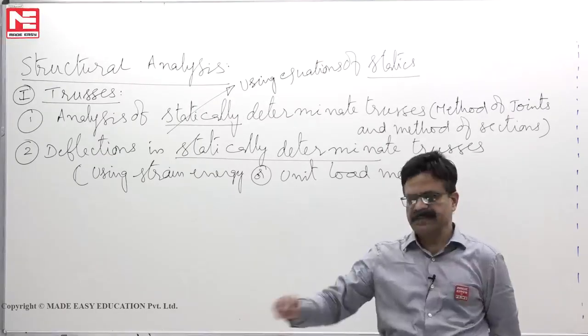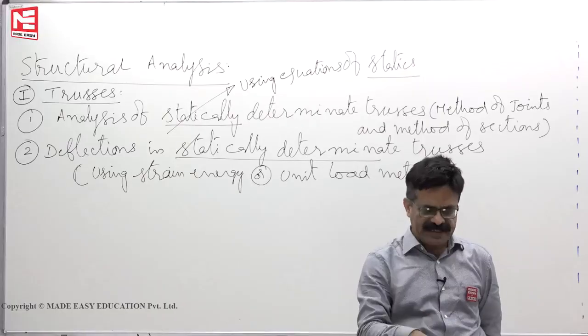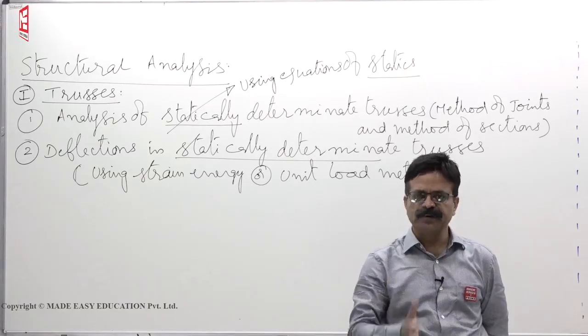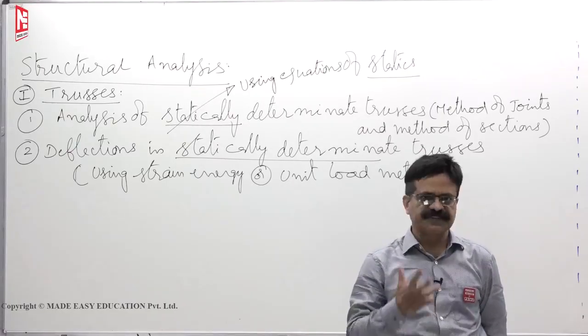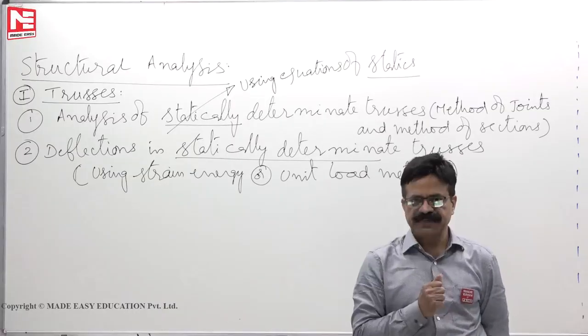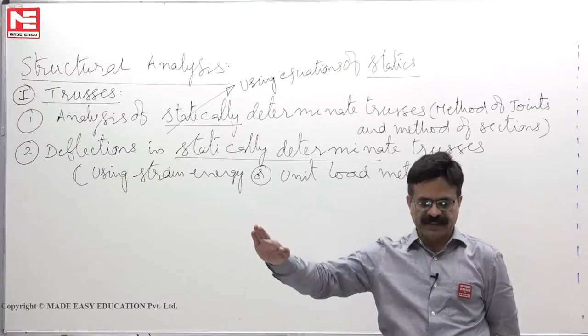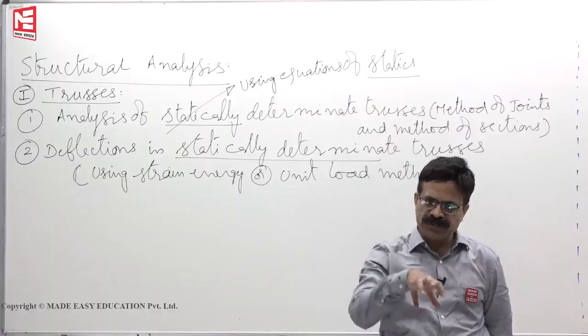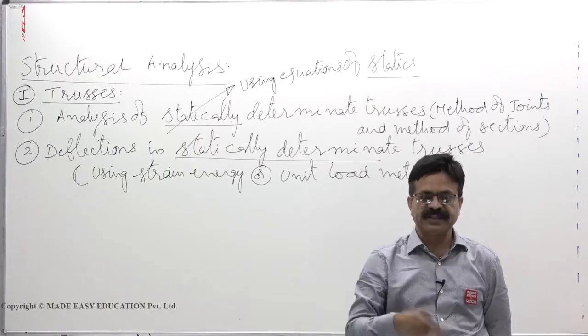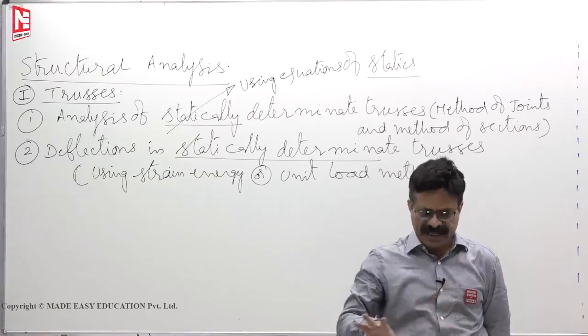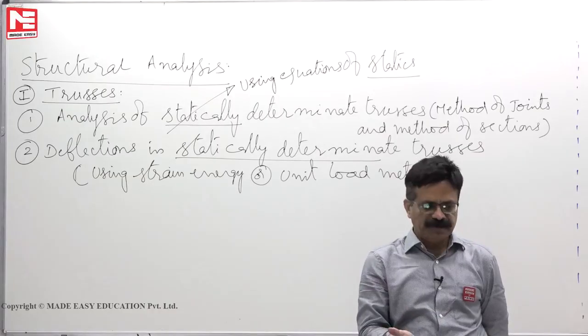Supposing we have built a slab like this, and this slab has the capacity to take the loads. That means strength is sufficient. But if it is not stiff, if it deflects too much, then the people who stay there will not be comfortable. Serviceability criteria, it will fail, it cannot serve us.